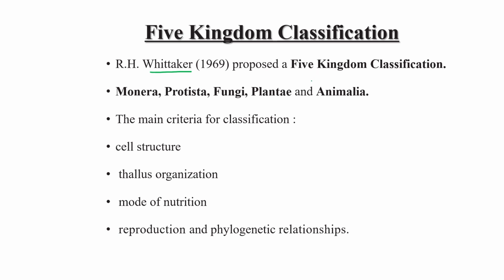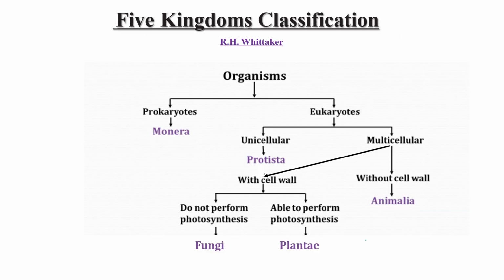He classified all the organisms into 5 different categories: Monera, Protista, fungi, plantae and animalia. And what are the criteria? On the basis of their cell structure, thallus organization, mode of nutrition, reproduction and physiological relationship.